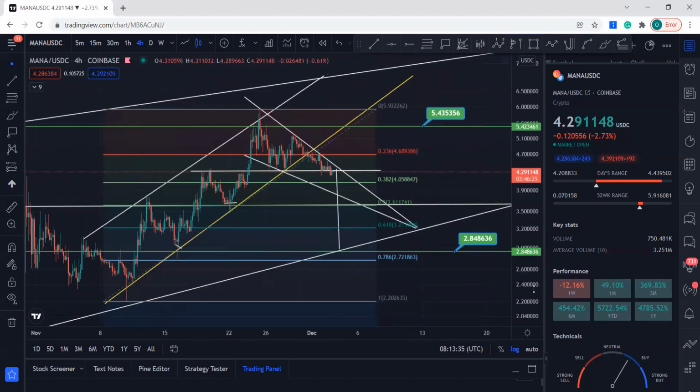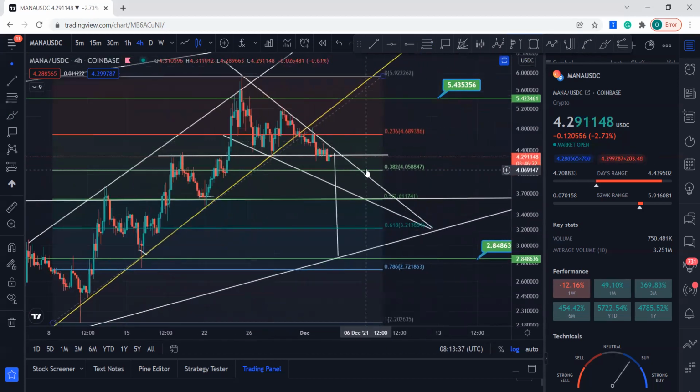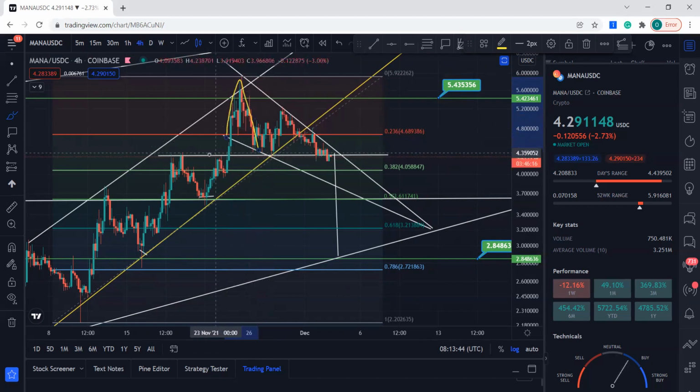You could bring out your Fibonacci, so it can do this. It went up, came down, held this support over here, came up, and is coming down. The next support would be 0.382. It's probably going to go up and test this level.